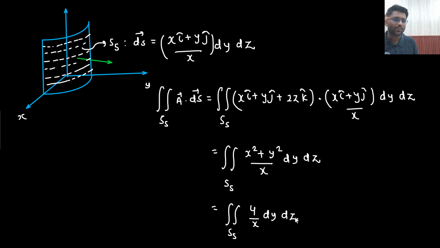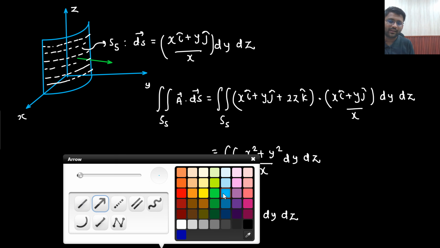Now I am supposed to put the limit of y and z. That means I will take everything on the yz plane. Say yes or no. I hope you are able to understand. What will be the projection of this on the yz plane? It will become a rectangle.